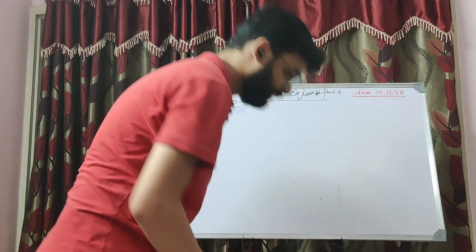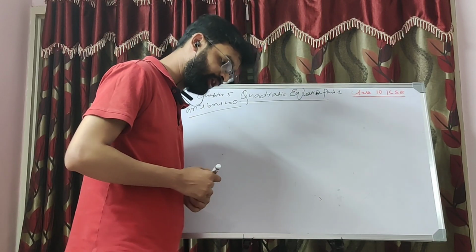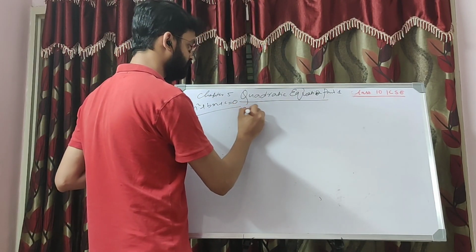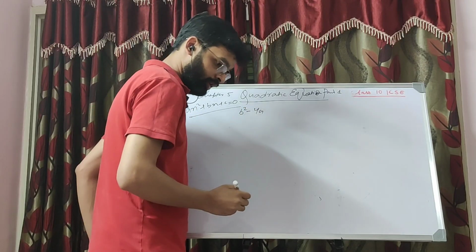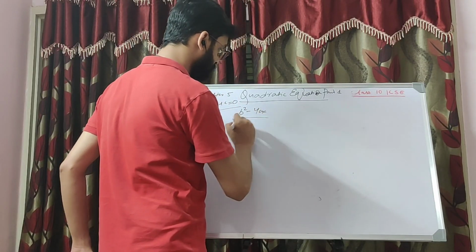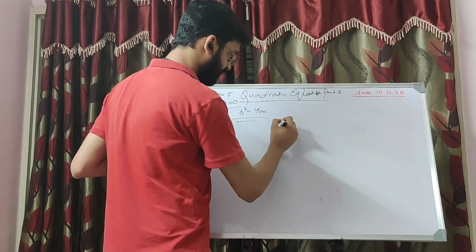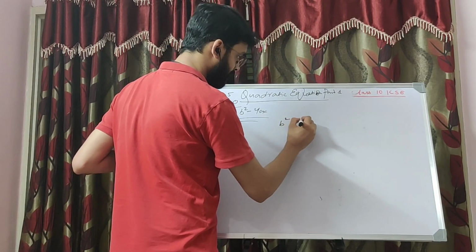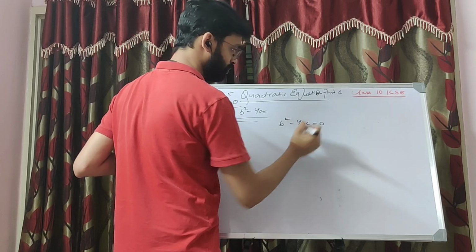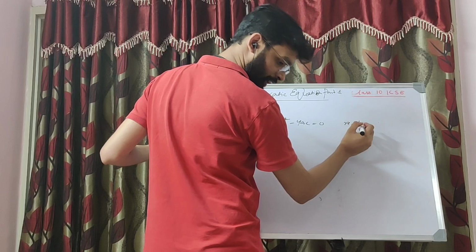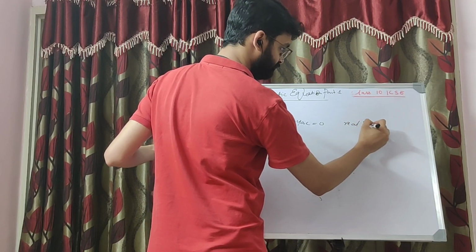Now, how to examine the roots? This is a very important question. See, as we know, the discriminant is b square minus 4ac. Now, what are its roots? If b square minus 4ac is equal to 0, then the roots are real and equal.